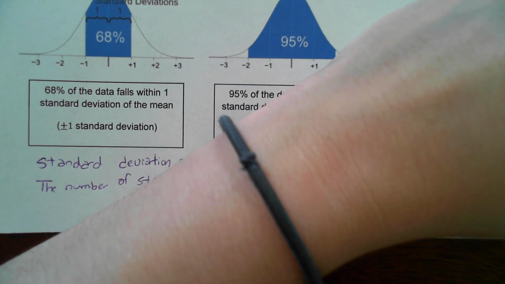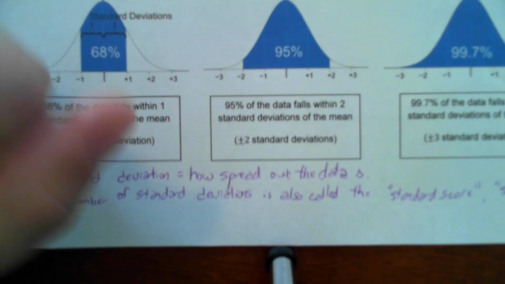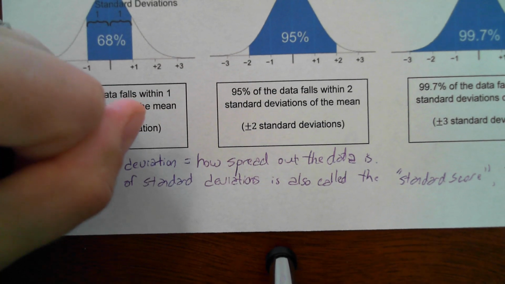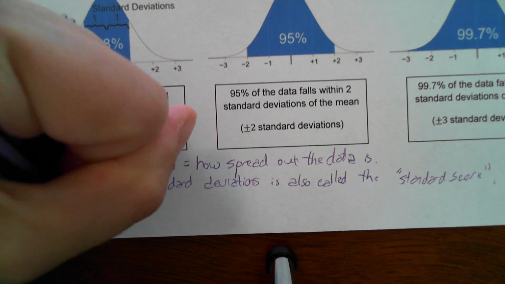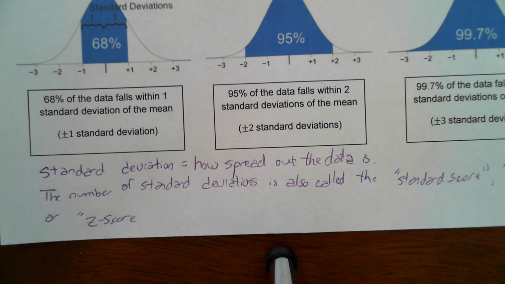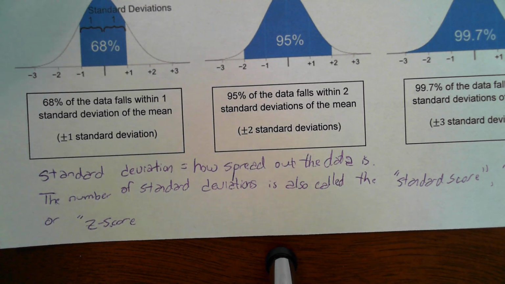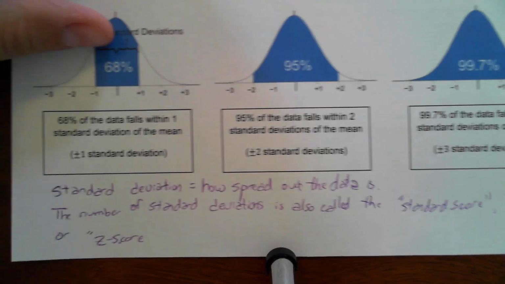Sigma, which is a Greek letter that looks like this, or probably most commonly, it's called a z-score. So that's the number of standard deviations. Remember, standard deviation just tells you how spread out your data is, your numbers are.